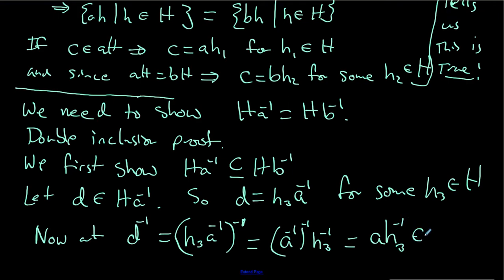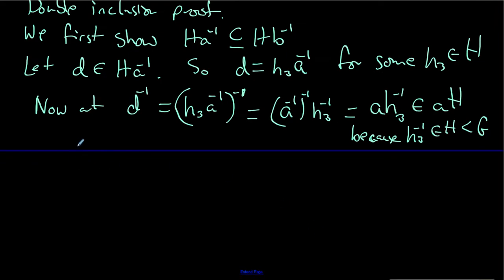And this belongs to AH because h3 inverse belongs to H, which is a subgroup of G, and so it has all of the inverses of all of the elements of H. Well, that means that we now have D inverse lives inside of AH, which is also equal to BH.